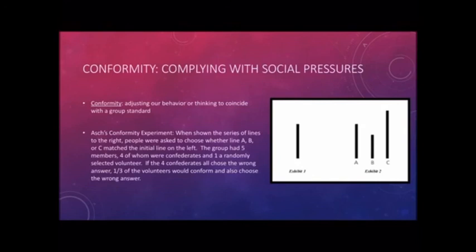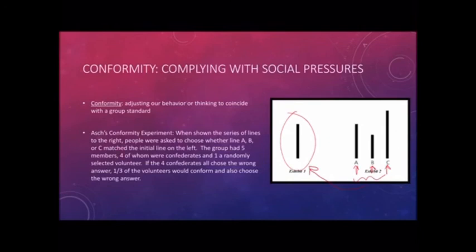So there was a series of lines to the right, lines A, B, and C. And then there's an initial line, which exists here on the left. And the question is, which of these lines, A, B, or C, matches this first line given? And so there were 5 members in this group of people who were being asked. 4 of those members were Confederates.